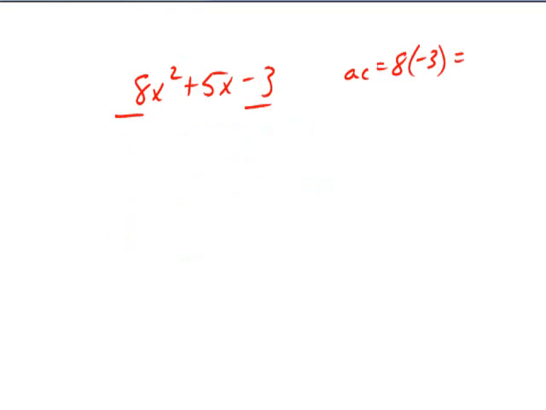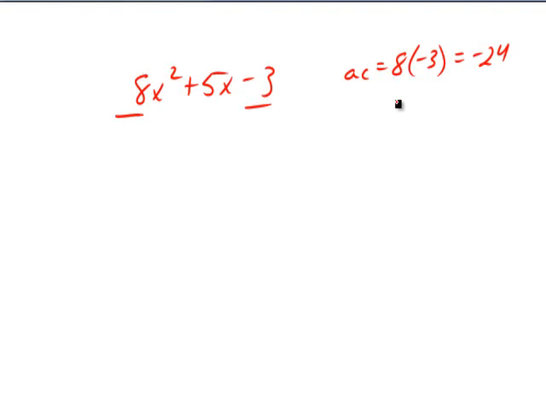Let's look at the second example. In this case, a is 8 and c is negative 3, to give us a product of negative 24.